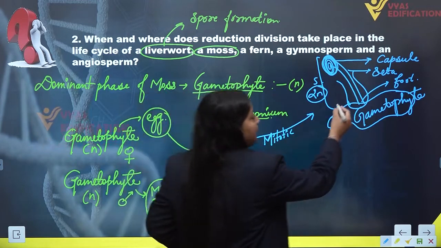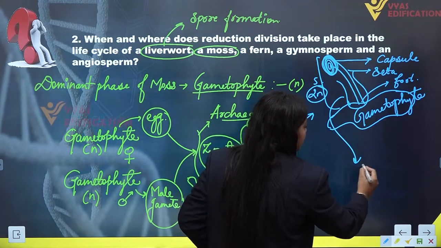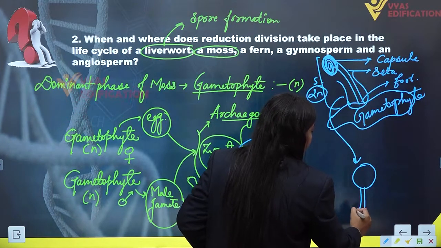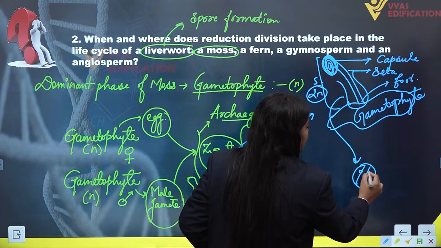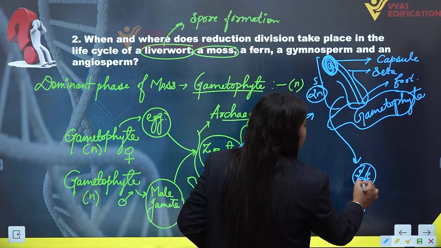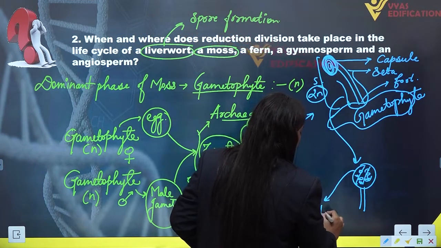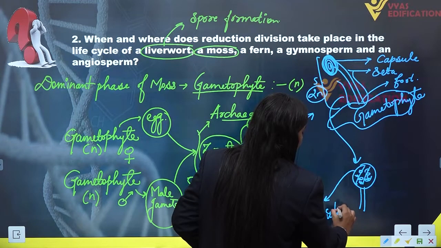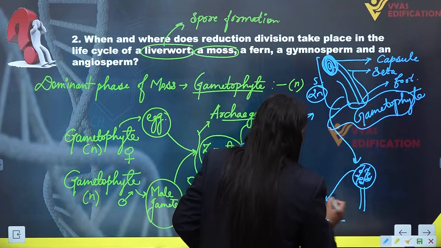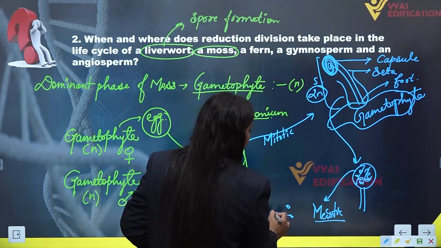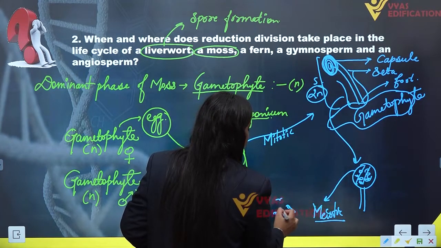Inside the sporophytic plant body, meiotic divisions will occur and give rise to haploid spores.